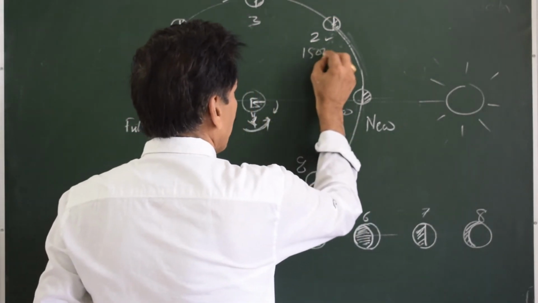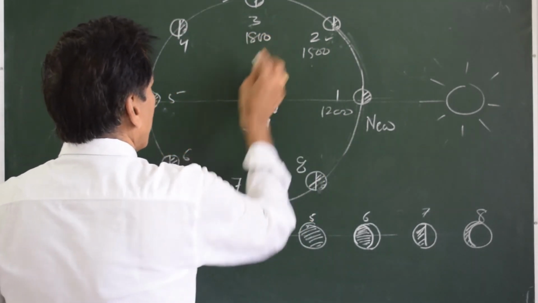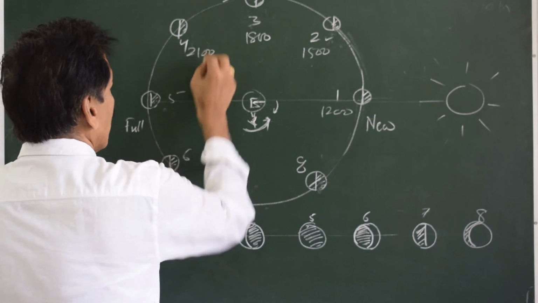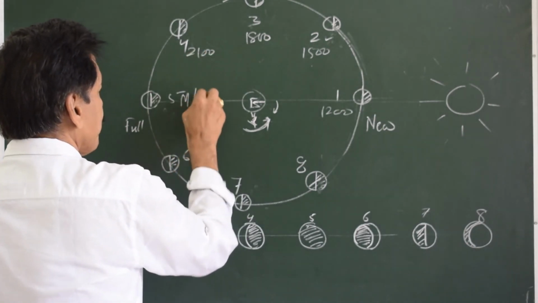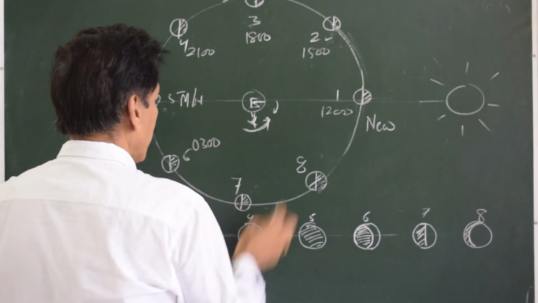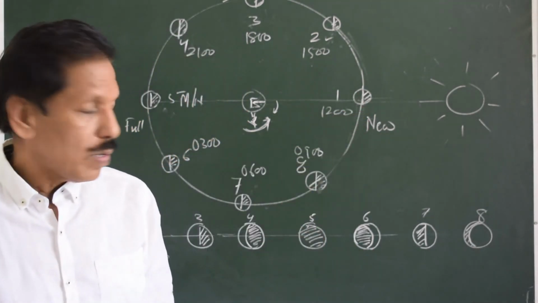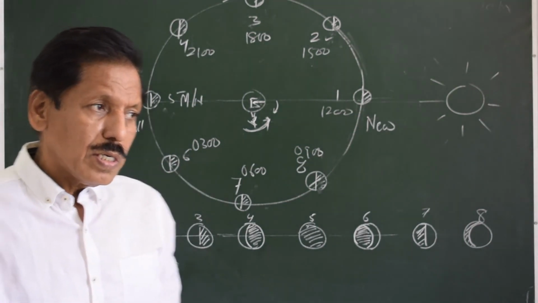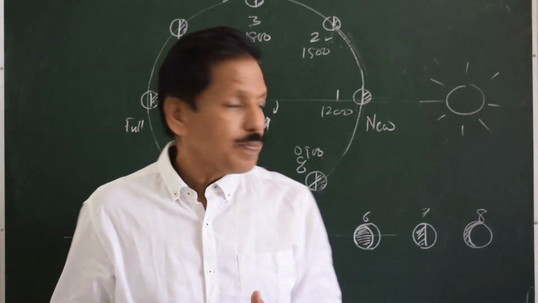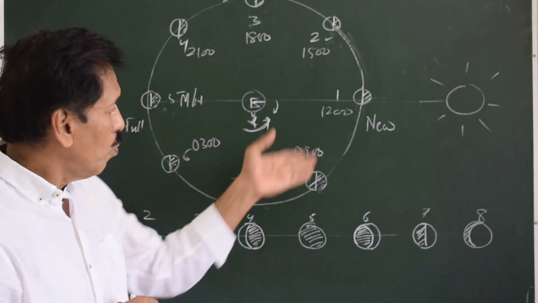So can I say 1500 local time? And the same way, this happens at 1800 local time, 2100 local time and midnight. This is 0300 in the morning, 0900 and once again 12 o'clock. Depending on which phase the moon is in, the local time of meridian passage would be like this.